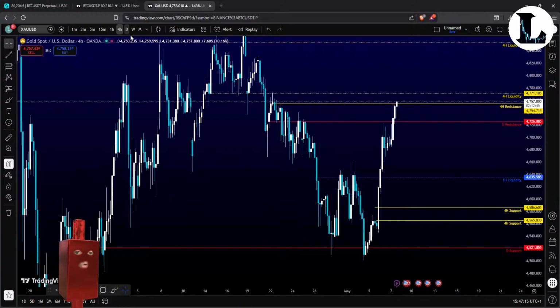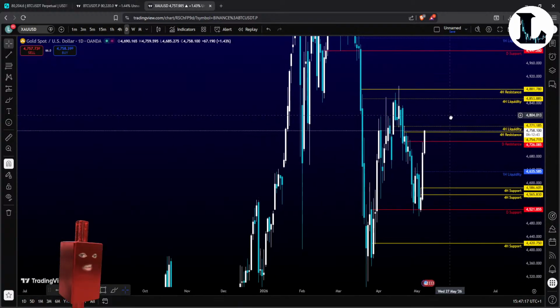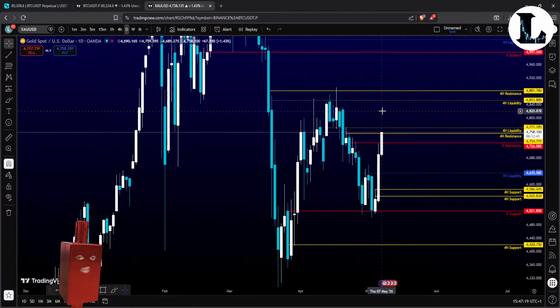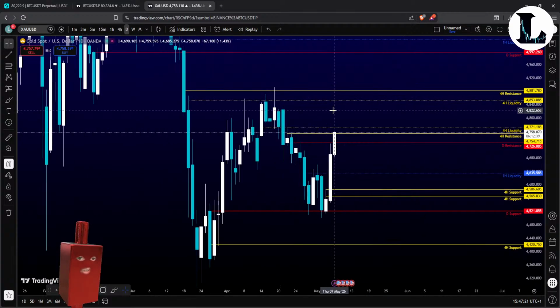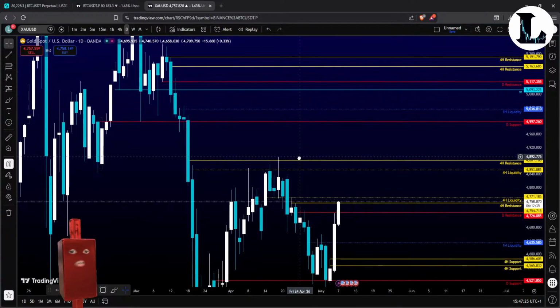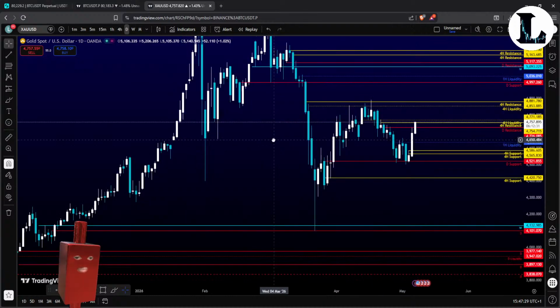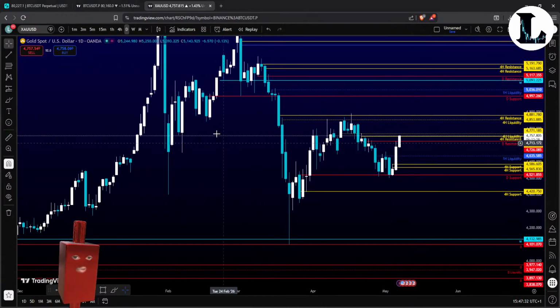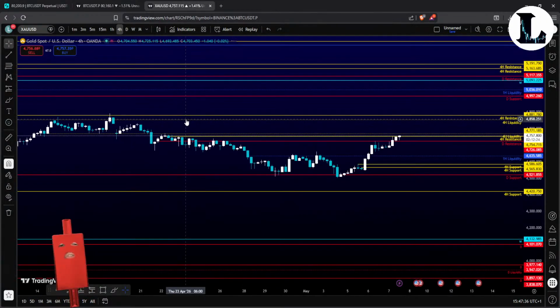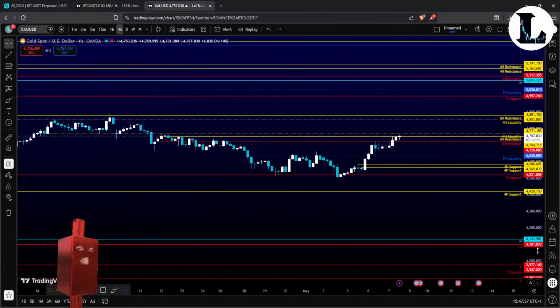Okay, 4 hour. Let me check liquidity on a daily. There is something here. No, there is not. And there is nothing also on the bottom. Yeah, I think there is no daily liquidity here.